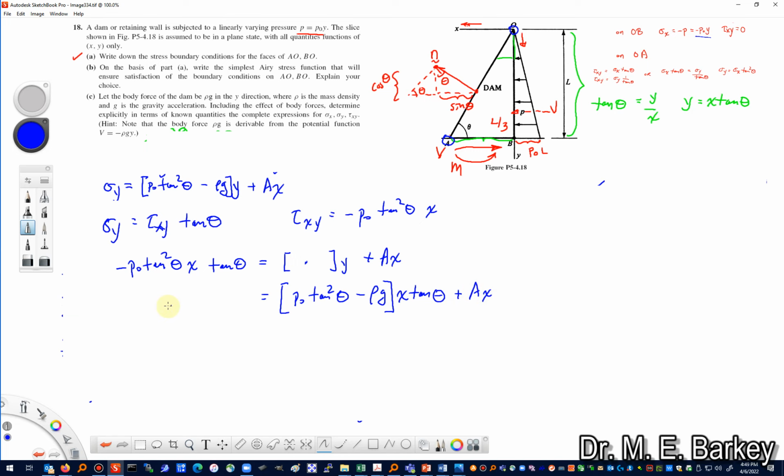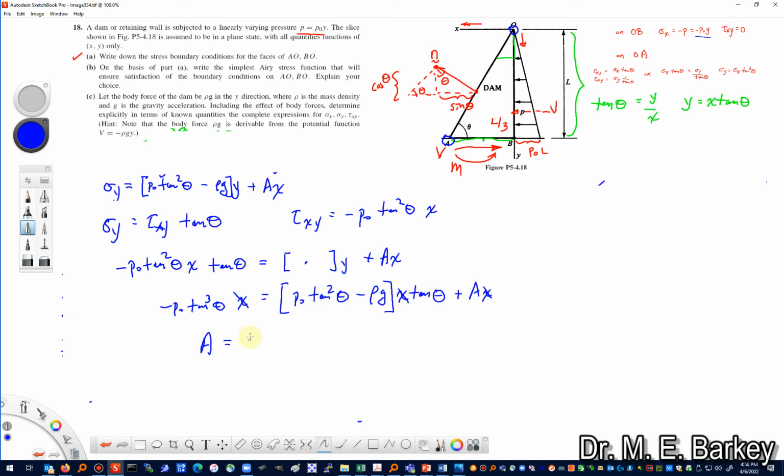All right, over on the left hand side it looks like we have a minus p naught tangent cubed theta times x. The x's look like they'll all go away, and maybe fingers crossed. Let's see here. We got a minus p naught tangent cubed theta, and here this is actually a tangent cubed theta.